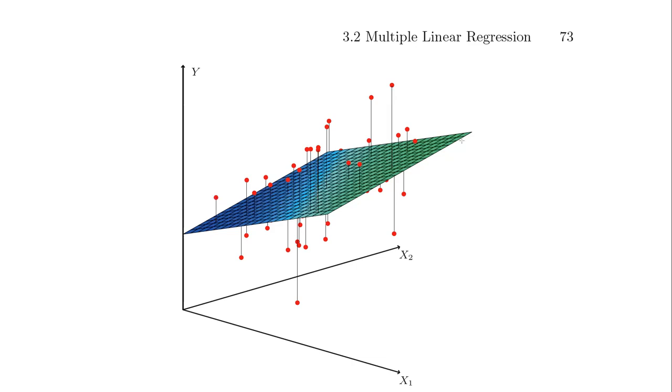Actual are your red data points. Your predictions are based on the plane. It's no longer a line. It's still linear, but we're not working with curves anymore. This is a surface. Specifically, it has to be a linear surface. That means we're working with planes.